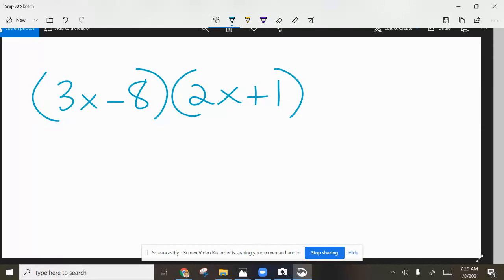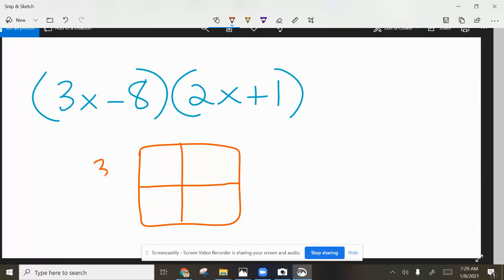All right, go ahead and solve this one for me. Set up my work. 6x squared, 3x, negative 16x, negative 8.